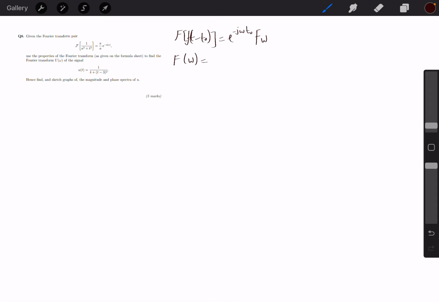So this is what we get. So this is the rule, and we're going to use the rule to figure out what this Fourier transform pair equals. So we have this G minus 3 squared.